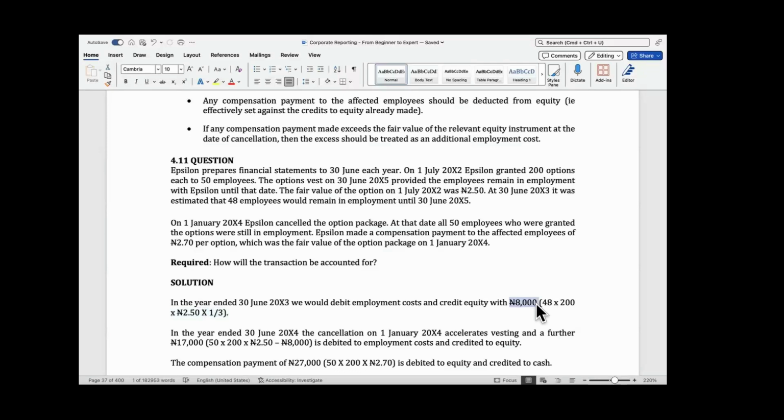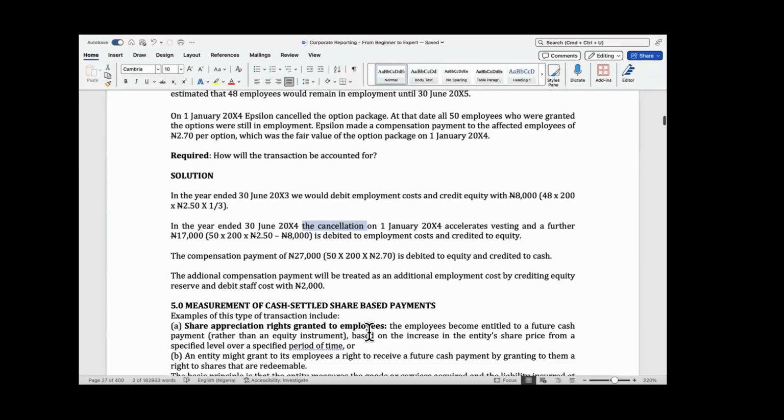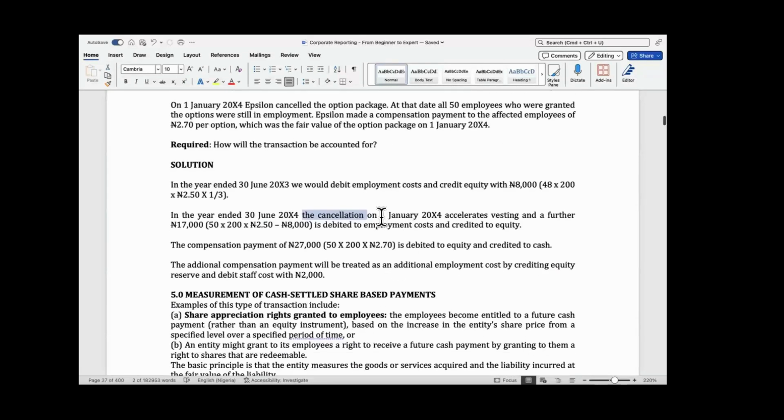Now let's go to year two. But before the end of year two, which is June 2004, something happened. There was a cancellation, and it happened at the beginning of the new year. What cancellation does is accelerate vesting.